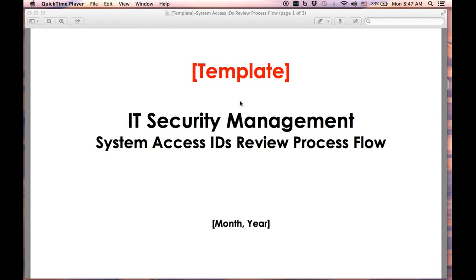Today I would like to share with you how we can map the process into process risk. Actually, the auditor needs to perform the risk assessment before they conduct the audit fieldwork. This is just an example of the system access ID review process workflow under IT security management.